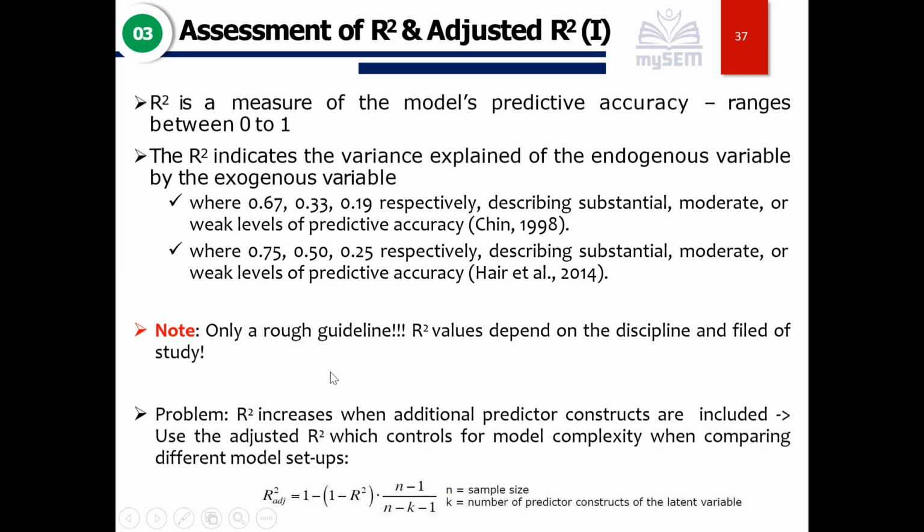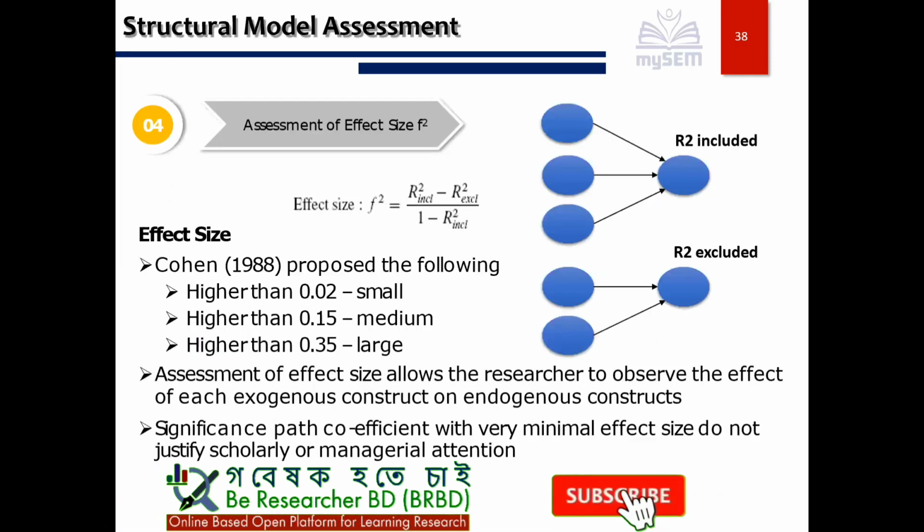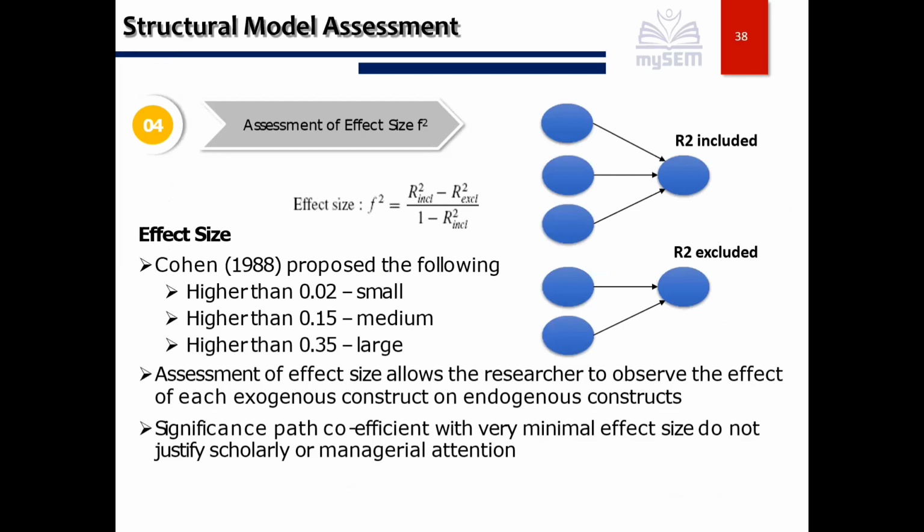I think this is very simple, and I already discussed the assessment of F square. Basically, F square means, here you have three independent variables. In this step, we want to see the assessment of effect size, which allows researchers to observe the effect of each exogenous construct on the endogenous construct.